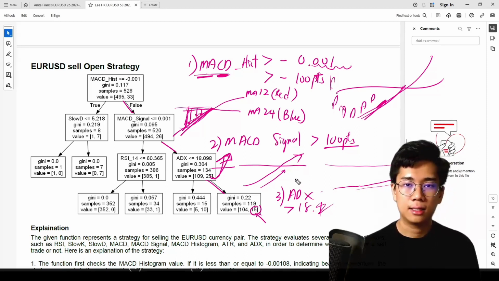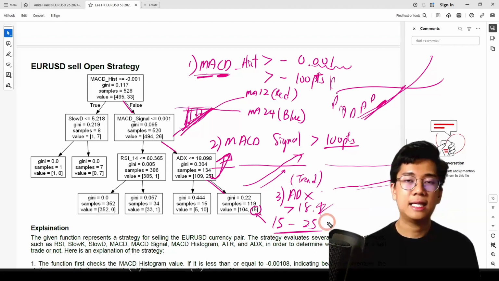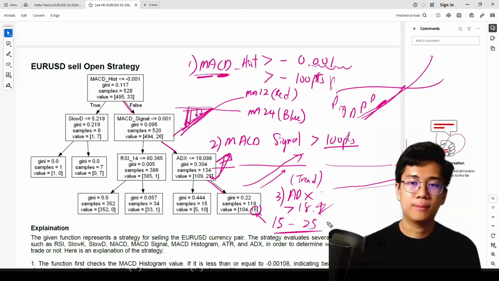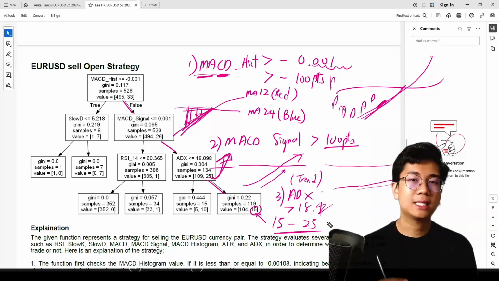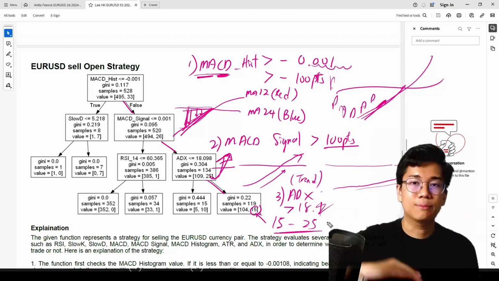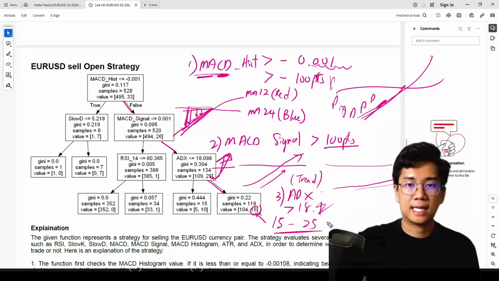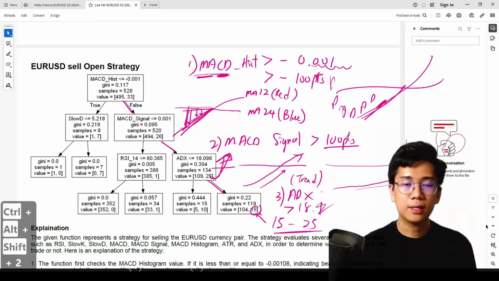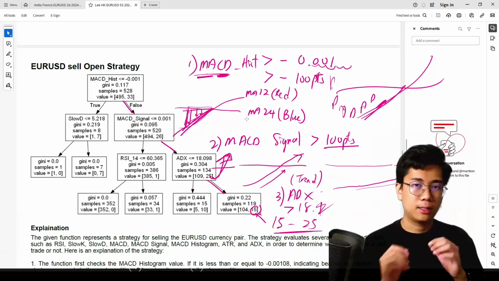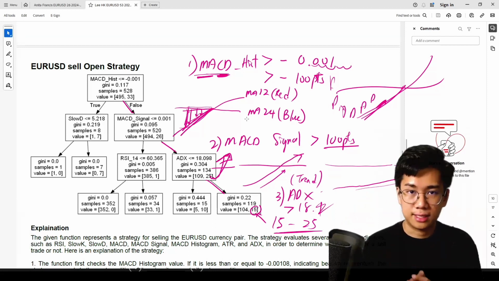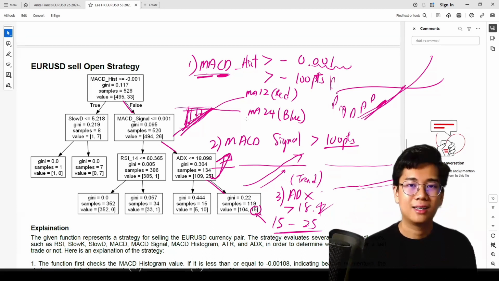When the value is anywhere between 15 and 25, it indicates that the market is trending, up or down, it doesn't know. But it just knows that the market volatility and the movement itself is up to a point where it is already moving one-sided.